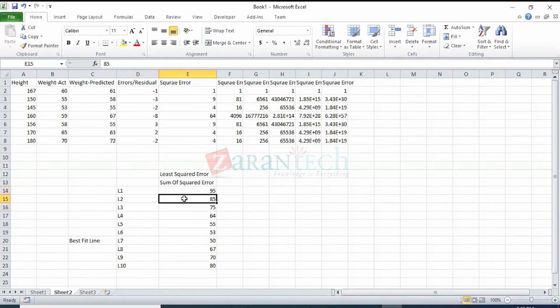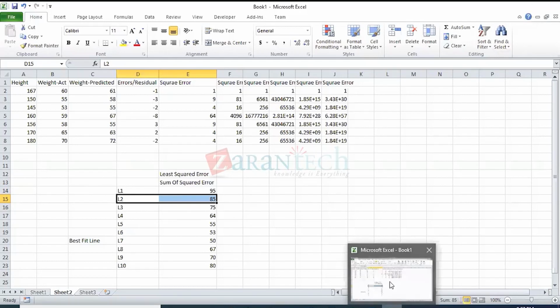Yes, so I'll take you through. Multiple lines, L1, L2. Now considering this, I have L1, which is 95, based on the weight predicted. Now L2 will be 85 if I have a different prediction algorithm.